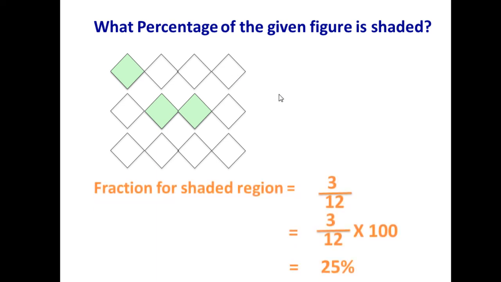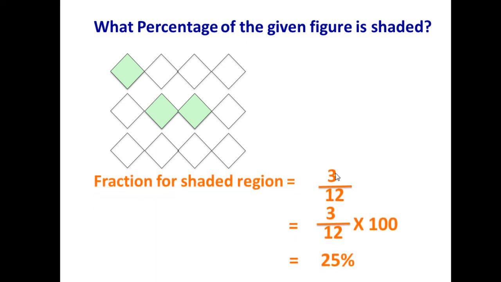So the fraction of shaded portion is 3 shaded out of 12, so it is 3 over 12. Now we need percentage. So when we need percentage, we multiply by 100. So when we multiply by 100, what you get is 25%. Clear?